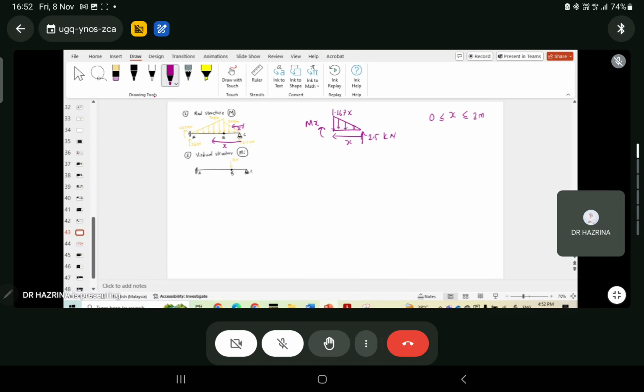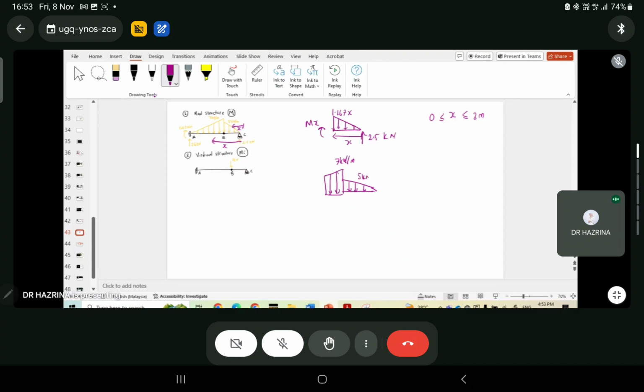Okay, 3. Bila you buat yang ini pula, okay, so you akan ada dua jenis load, okay, which means you have another load will be like this. Okay, kejap. So here, so you have here 7 kilonewton per meter.